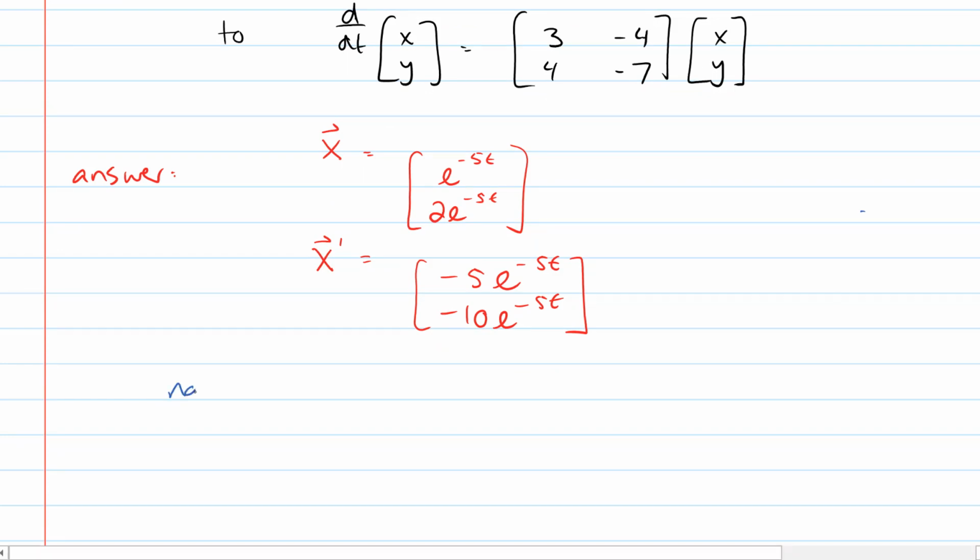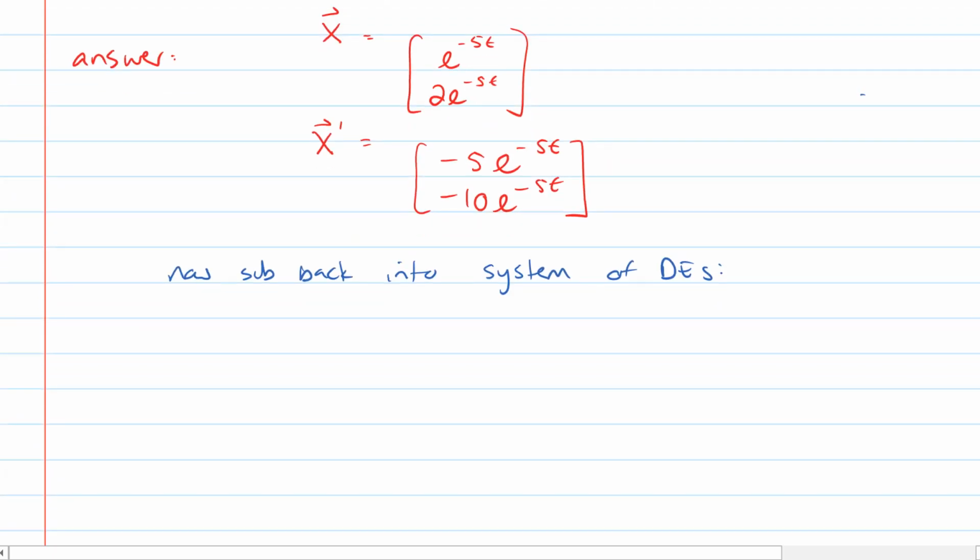Okay, so now that we've done this, we're now going to sub back into the system of DEs. And the system said that d/dt of (x, y) is equal to 3, negative 4, 4, and negative 7 times (x, y).